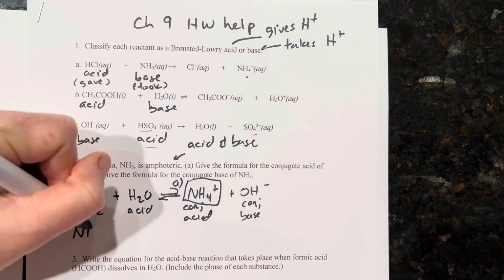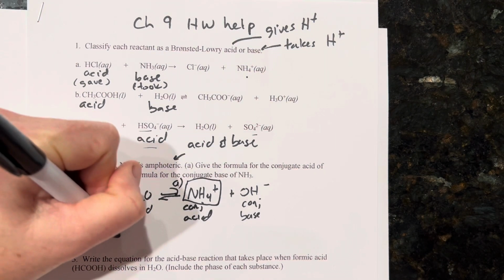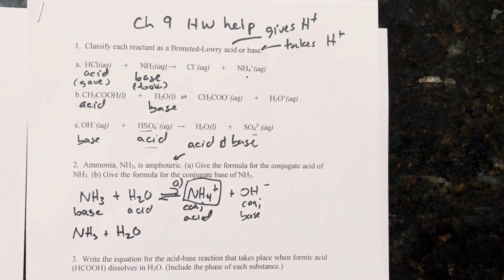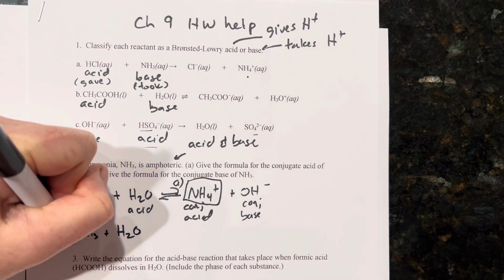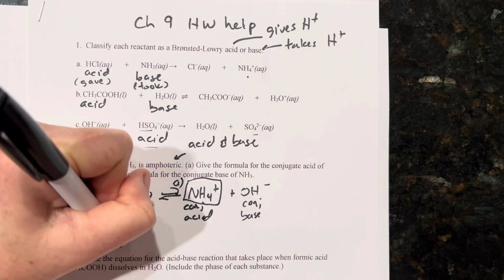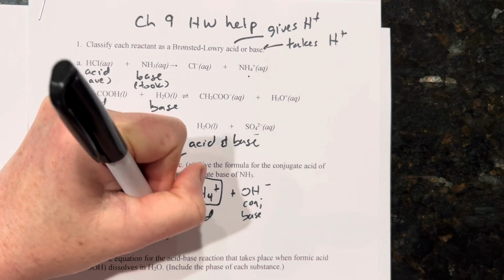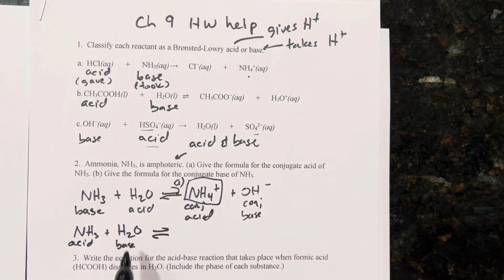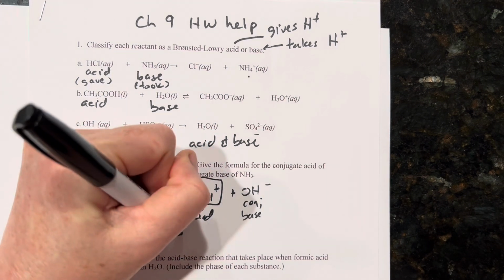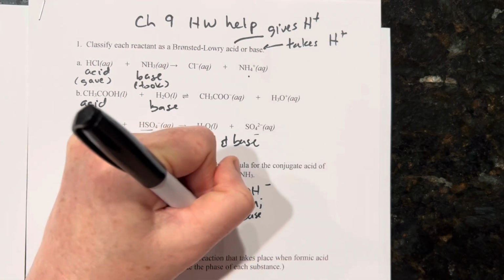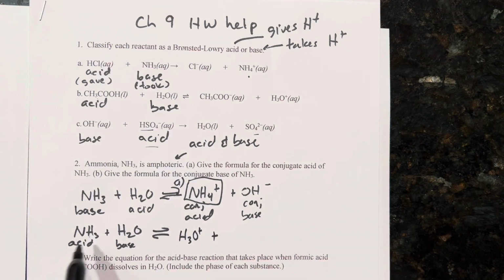Well, in the same way, what if we switch these suckers up? And what if we said this one's going to be the acid and this one's going to be the base? Well, if we make this one the acid and that one the base, this one's giving off the H+ to this water. So the water would become H3O+. That we got, I hope. But now we've lost a hydrogen here.